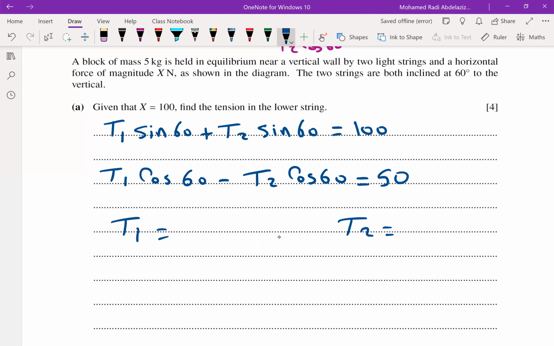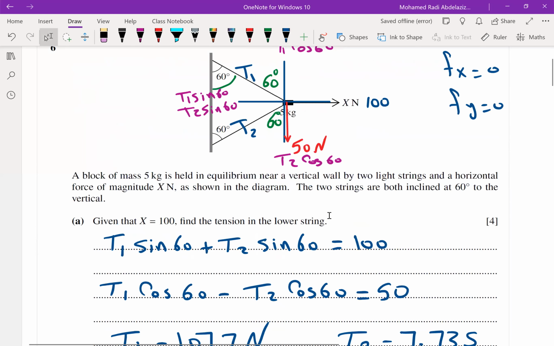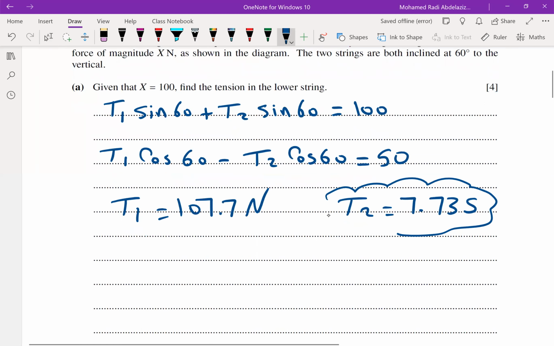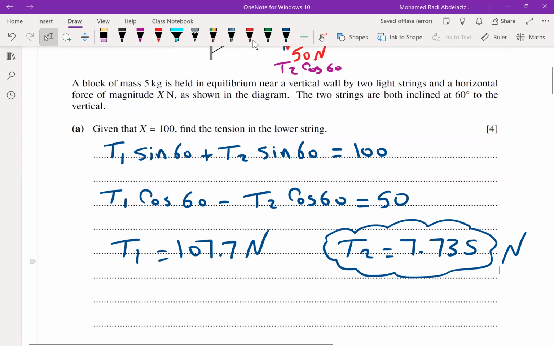So the first one is 107.7 and the second one is 7.735. He asked to find the tension in the lower string. We name the lower one T2. So T2 will be 7.735. To three significant figures, it will be 7.74.